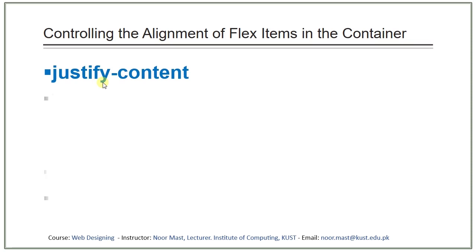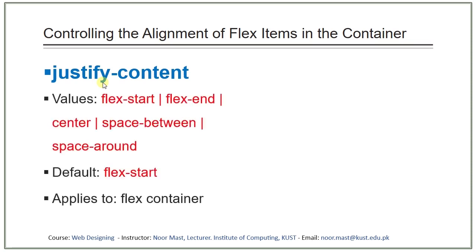Following are the default and other values of the justify-content property, and justify-content applies to a Flex container. If we set the flex-direction property to row, then the behavior of justify-content with different values will be something like this.